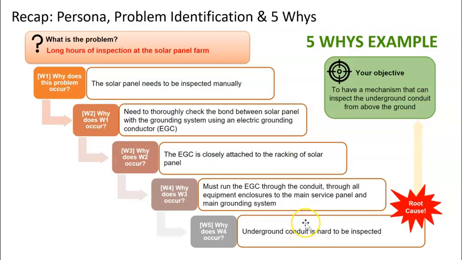Because the underground conduit is hard to be inspected. So finally, you have identified the root cause of the problem, which is underground conduit is hard to be inspected. So our objective here is to provide a mechanism that can inspect the underground conduit from above the ground.